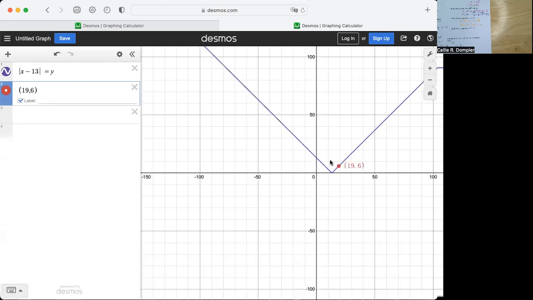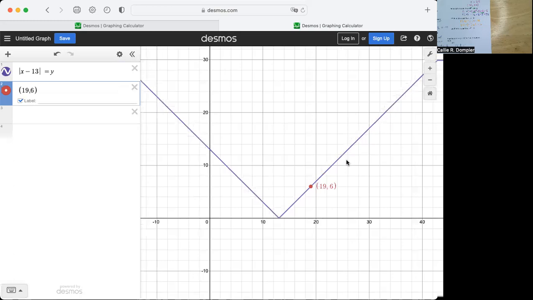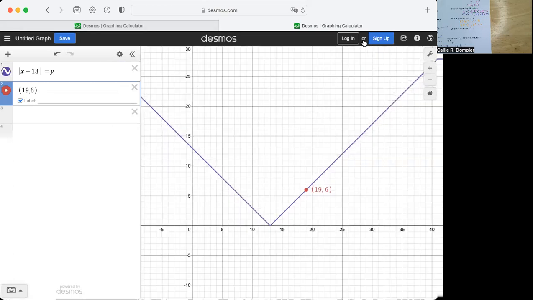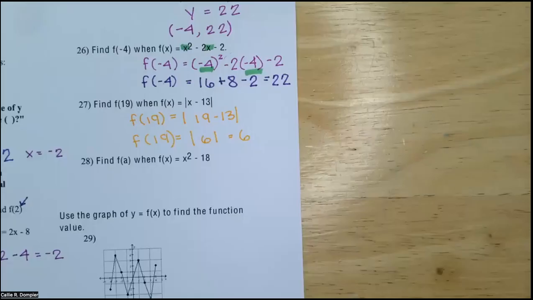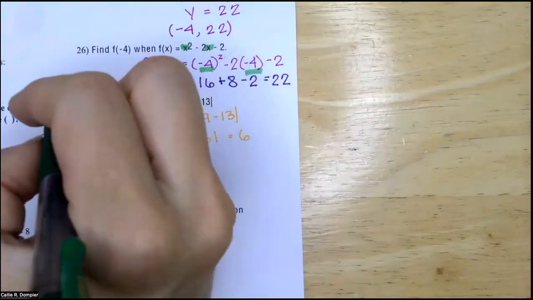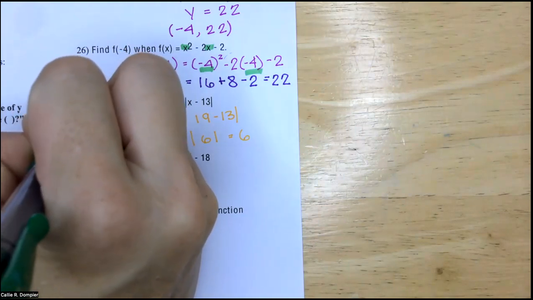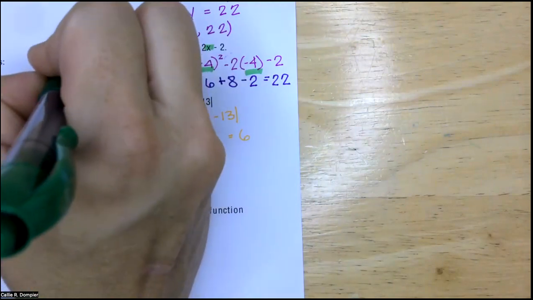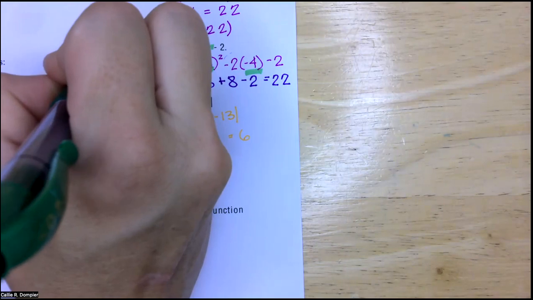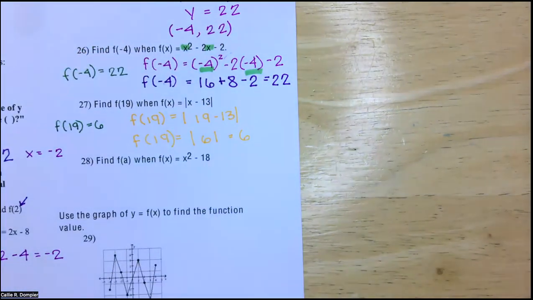Is that on the graph? Good. So f of 19 equals 6. f of -4 equals 22.